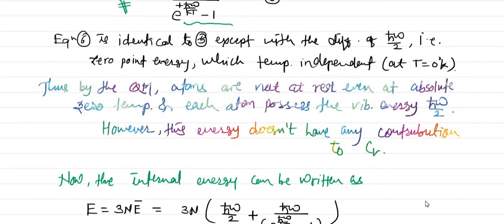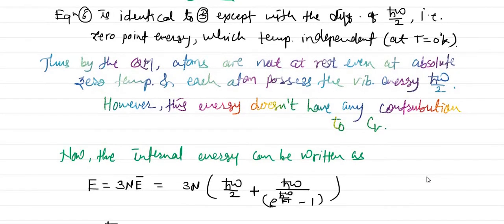How many such atoms do we have? 3N oscillators. So the total energy will be 3N into that E bar, because E bar is for one harmonic oscillator, and we have 3N harmonic oscillators. So 3N into the average energy, which is this bracket, h cross omega by 2 plus h cross omega divided by e power h cross omega by kT minus 1.